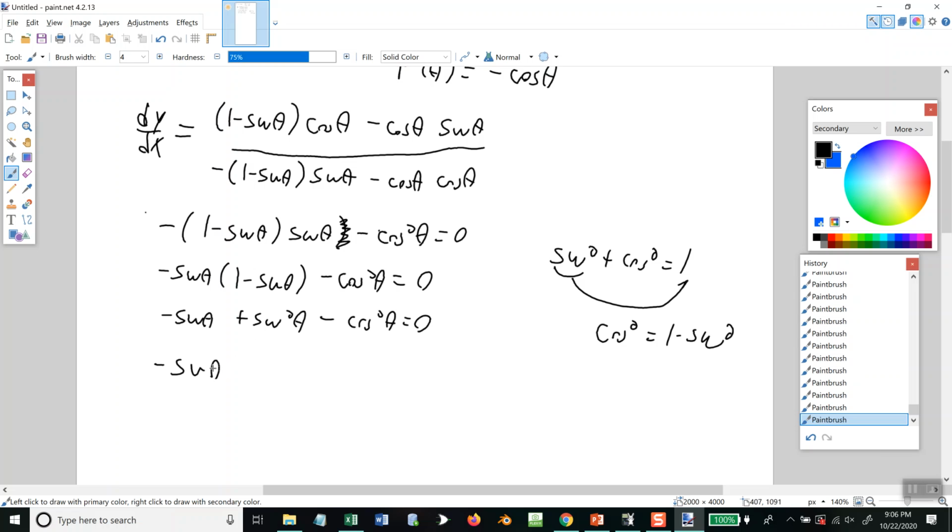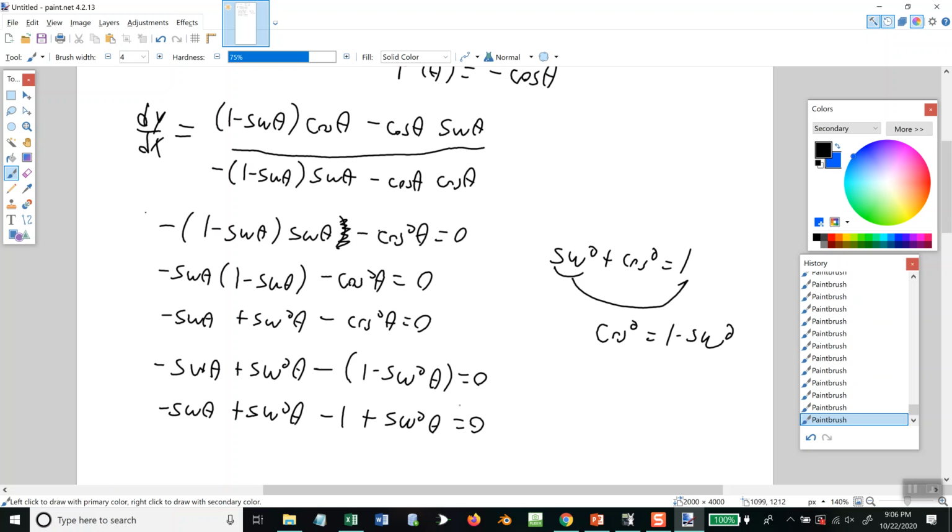So I can rewrite the cosine squared here as 1 minus sine squared. So then I got negative sine theta plus sine squared, negative 1, negative negative positive sine squared theta equals 0.